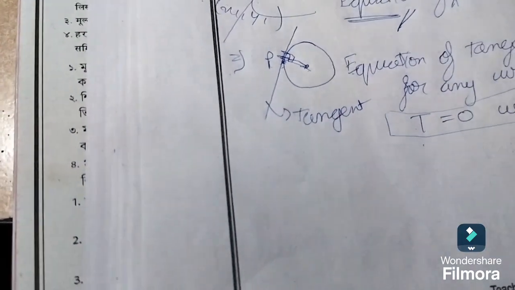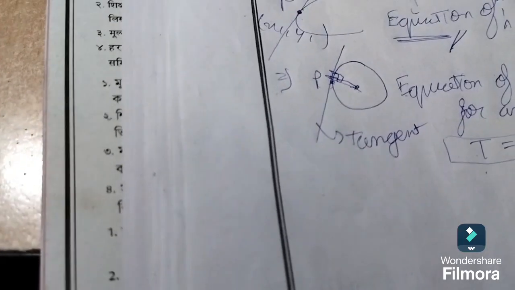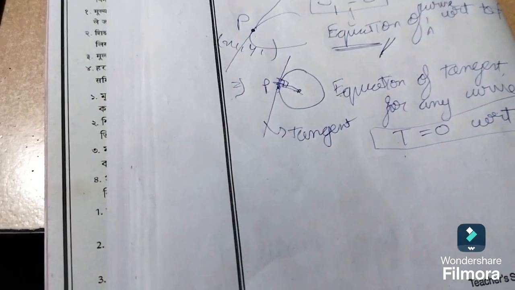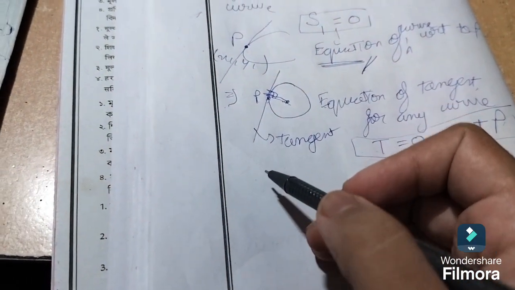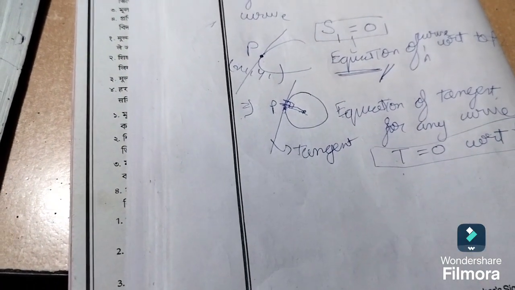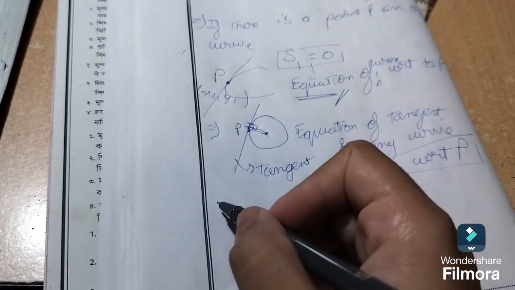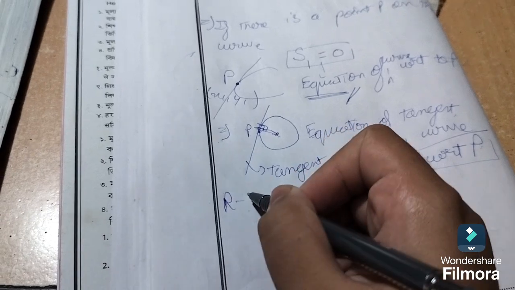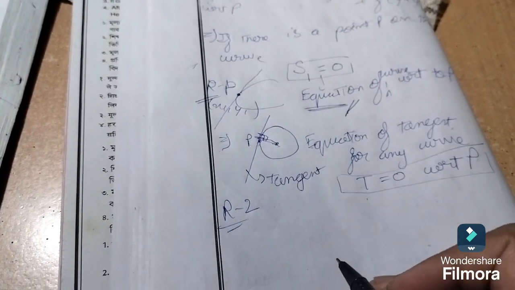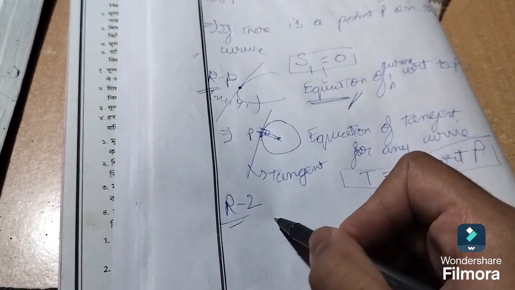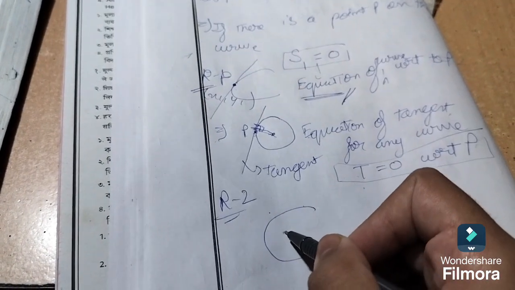Now let's move to the next result, which is: if a point P is inside the curve. This is result 1, and this is result 2. In this I will say that there is a curve, and point P is inside this curve.